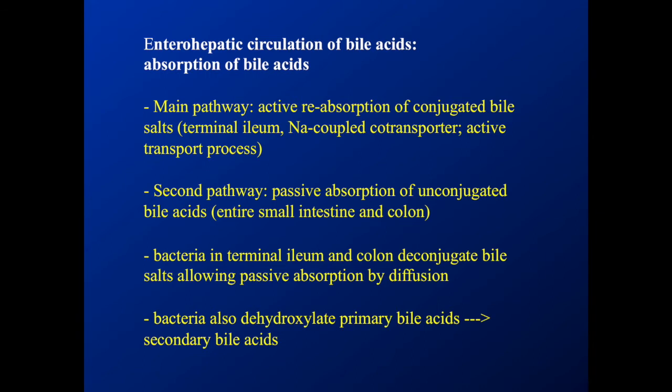Conjugated bile salts tend to be more soluble than unconjugated, and this is why they need a transporter to pass across, but the unconjugated bile acids are very lipophilic and will just passively diffuse across the apical membrane of the epithelial cells.